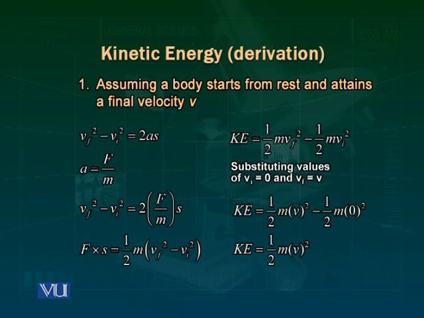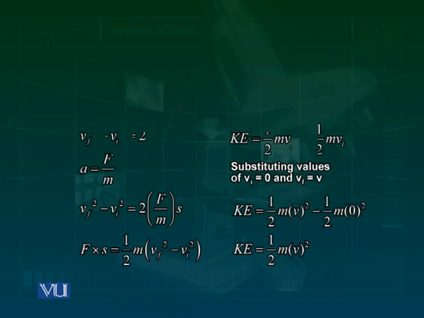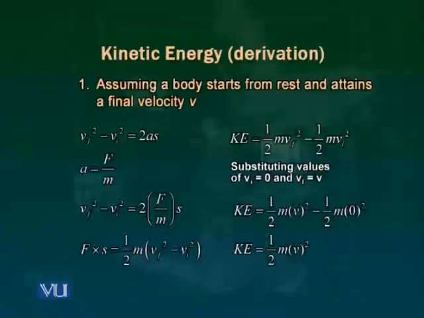Therefore, vi, of course, becomes 0, and we have that the kinetic energy is 1 over 2 m vf squared minus 1 over 2 m vi squared, because force into distance is work, and because this work is the ability, because the object is moving, therefore we say it is kinetic energy, and kinetic energy therefore is half m v squared, which is the relationship all of us know.